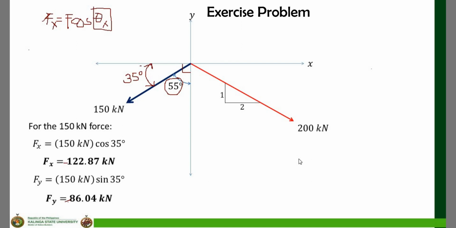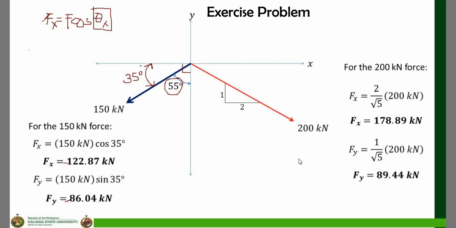Again, using slope triangles. And so, these are my answers. For the value of my Fx, that is pointing to the right, so that is positive. For 200 kilonewtons, the Fy is pointing downwards, so this should be negative. Nakuha natin?